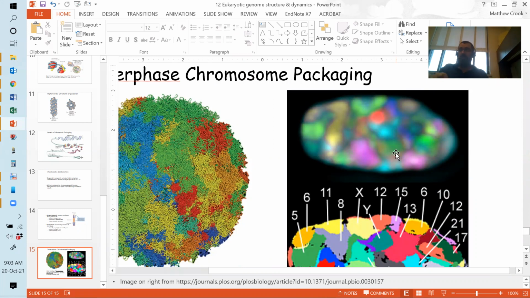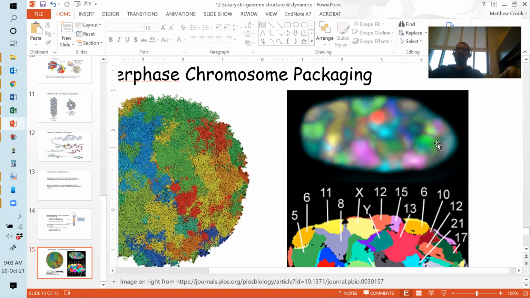I've never done that technique myself, but they use DNA probes labeled with different fluorophores, which emit light at different wavelengths. So the top picture is essentially a composite, right? It's lots and lots of pictures taken at different wavelengths, wavelength of green, wavelength of blue, and so on, and they're all merged together.